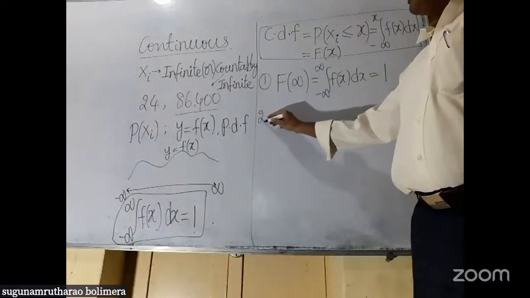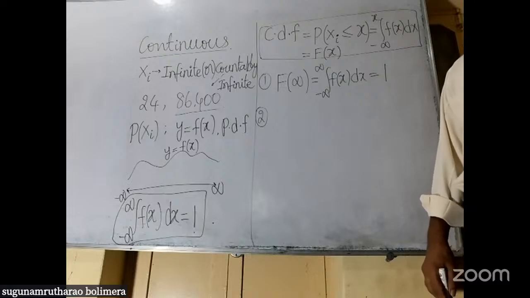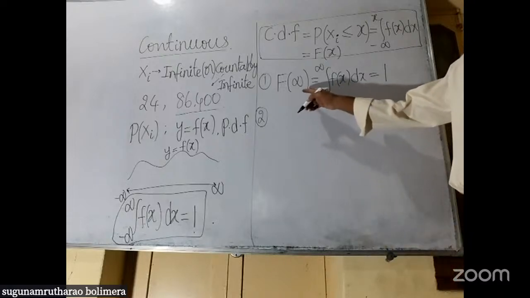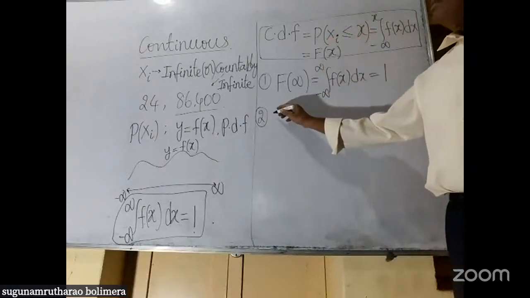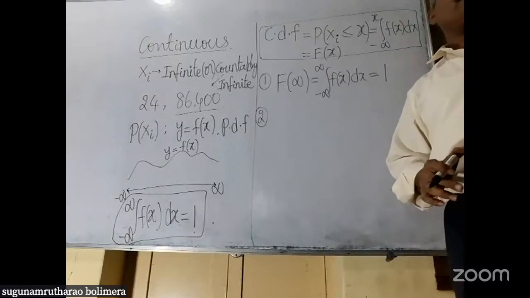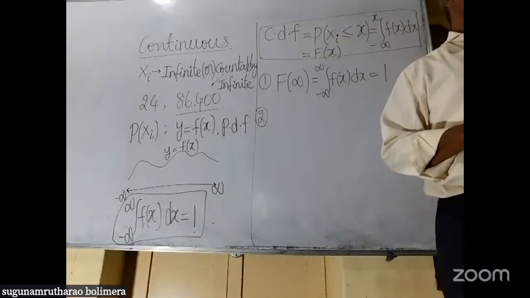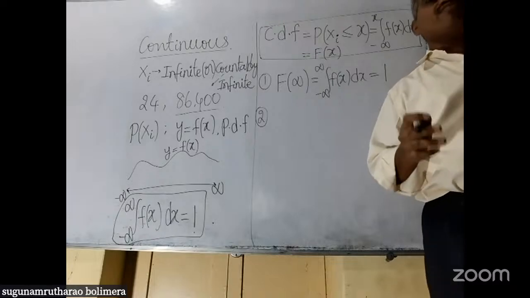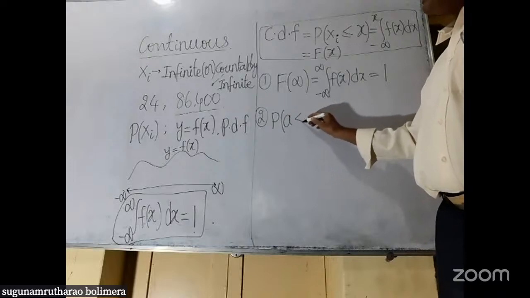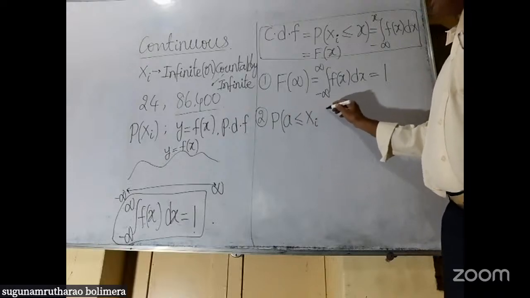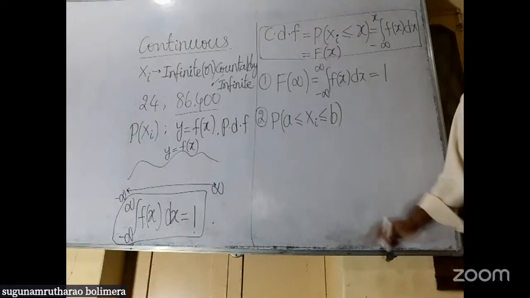Next, second property. You have written P of xi less than or equal to x. Now I am going to express the probability density function in terms of the cumulative distribution function. P of a less than or equal to xi less than or equal to b. This is the probability density function from a to b.